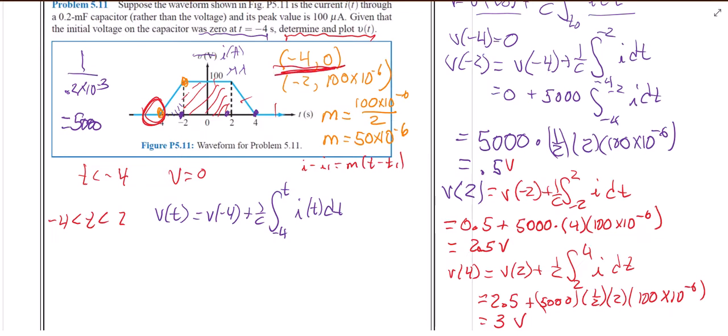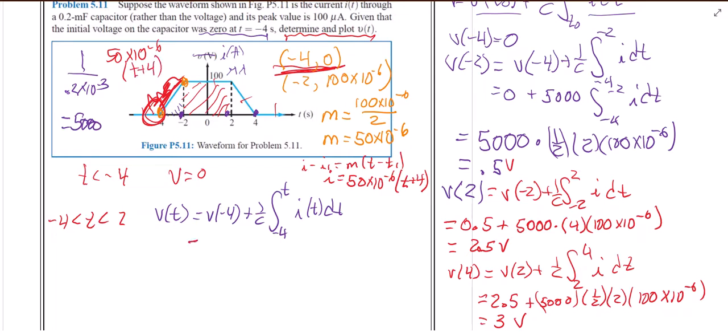So I1 is 0, so this gives us I equals 50 times 10 to the -6 times t minus t1. Well, t1 here is -4, and t minus -4 is t plus 4. So the equation of that line is 50 times 10 to the -6 times t plus 4.